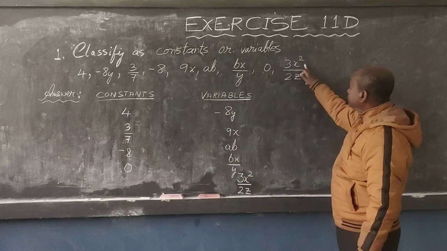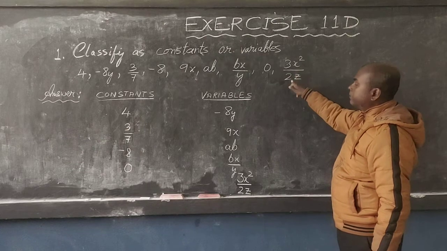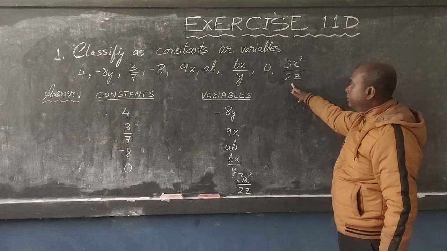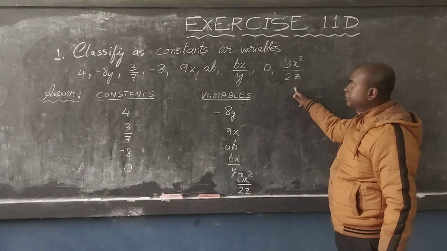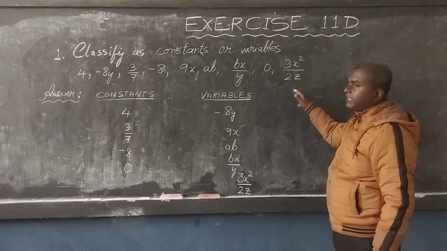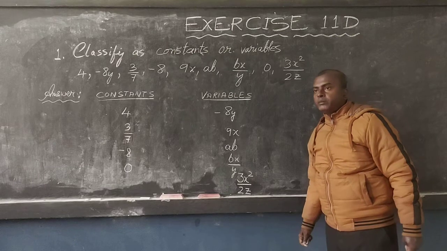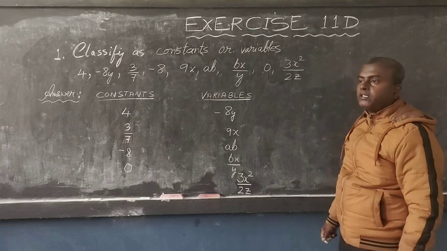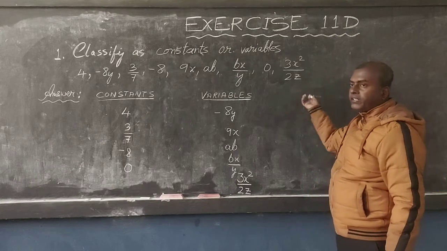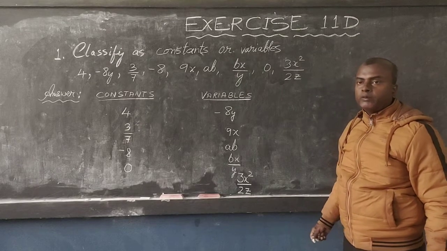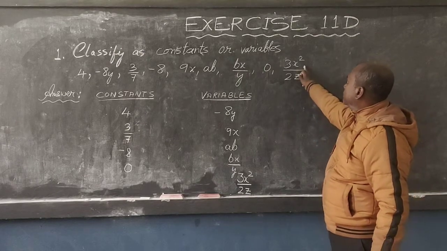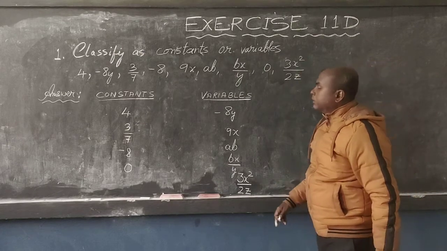Then the last one is 3x square divided by 2z. This also will come in the category of variables. Okay, because variable letters are assigned to 3 by 2. And as I said, variables don't have any fixed value assigned to them. So it can vary, it can keep on changing. We don't have any fixed value assigned to this. So let's revise.